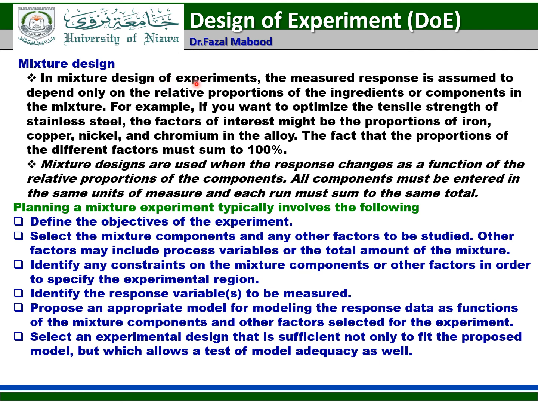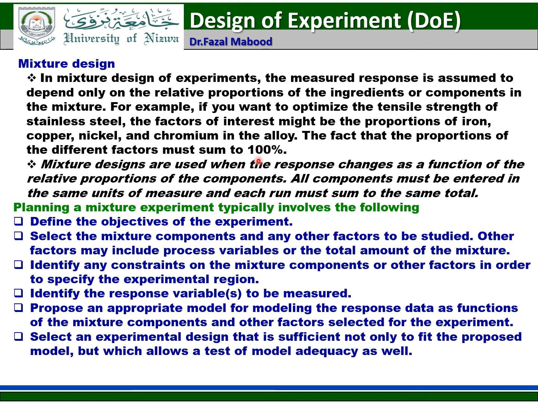In mixture design of experiment, the measured response is assumed to depend only on the relative proportion of the ingredients or components in the mixture. For example, if you want to optimize the tensile strength of stainless steel, the factors of interest might be the proportion of iron, copper, nickel, and chromium in the alloy.